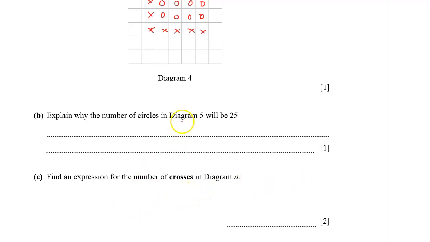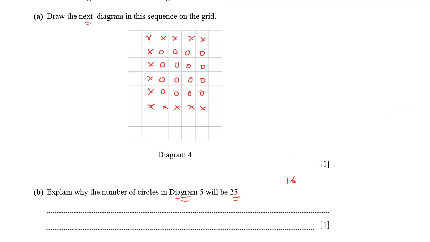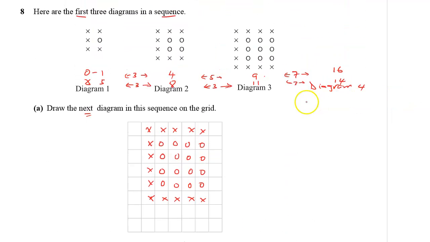Explain why the number of circles in diagram 5 will be 25. Okay, if now we draw diagram 5, in diagram 4 we have 16 circles. Therefore, since the increment was by odd numbers, then the next odd number here should be 9.